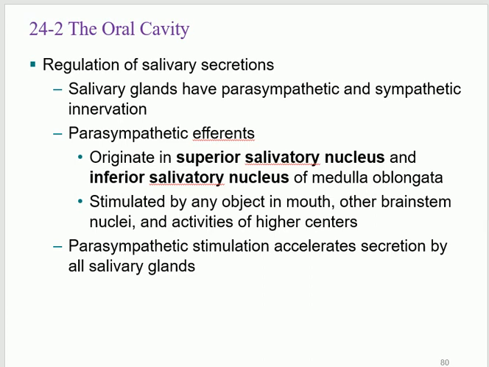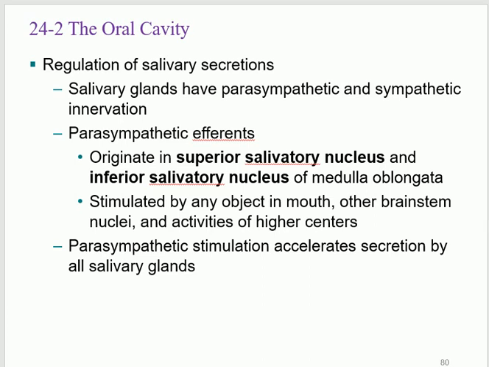If I ask you about anything, mucus secretion, sympathetic decreases it and parasympathetic increases it. Pancreatic secretion, same thing. Intestinal secretion, same thing. Muscle contraction, same thing. It's all the same.